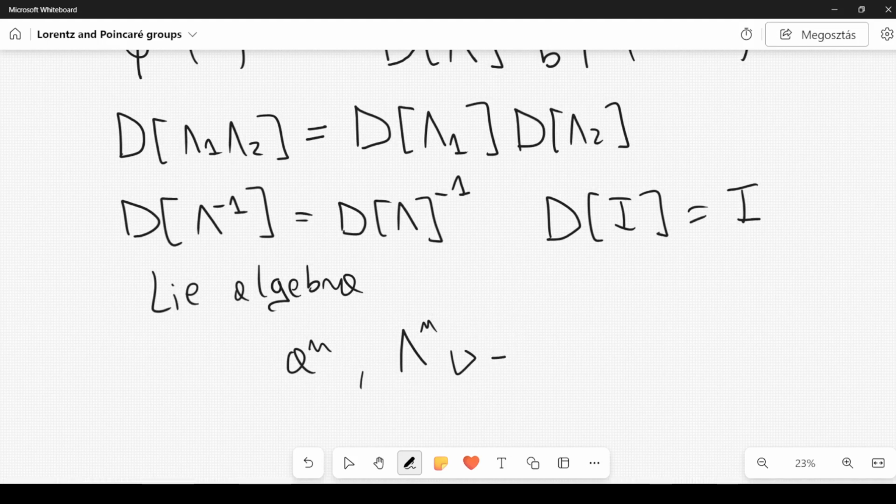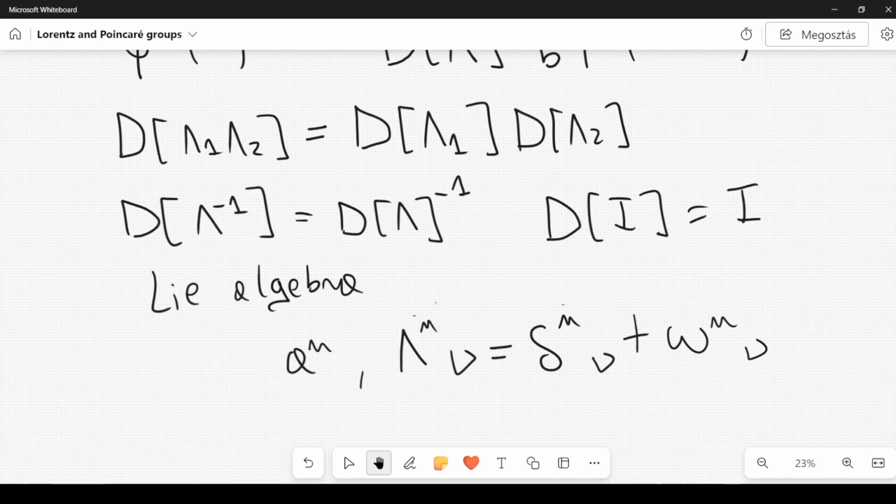In general, an infinitesimal transformation is close to the identity. So an infinitesimal Lorentz transformation Λ^μ_ν is almost equal to the identity, δ^μ_ν, plus some small perturbation, ω^μ_ν. So we define it to be ω^μ_ν.